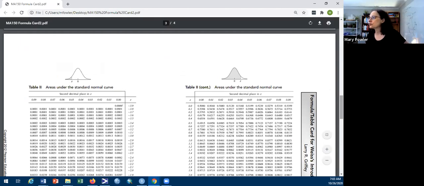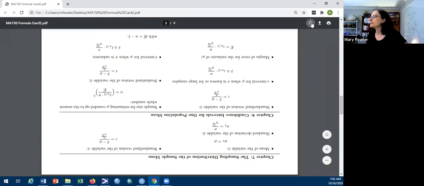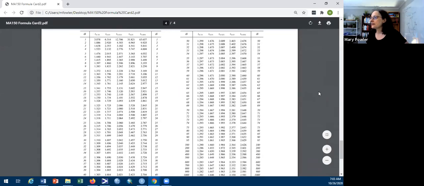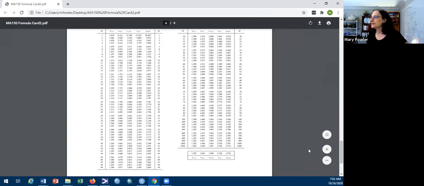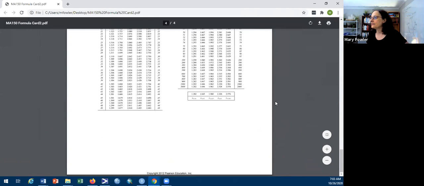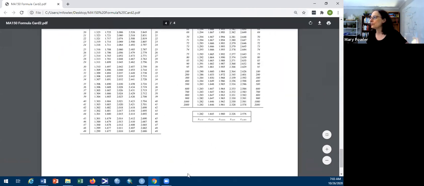Or we can take a little shortcut. I think I showed you guys this a little bit last week. If we go to the bottom of the T table, we have this little table down here, which is mostly all the important values for the normal distribution.